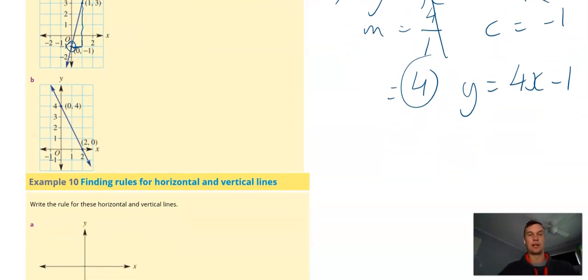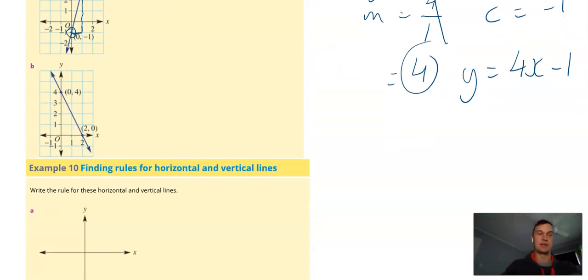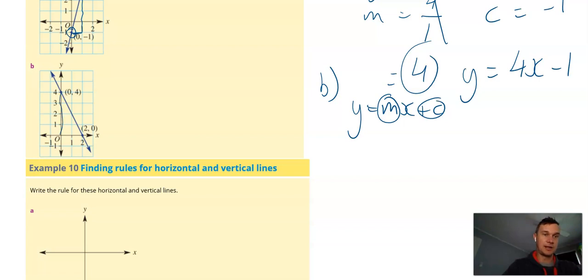So just by following that simple rule, as long as you understand the gradient, etc. We'll do a negative example now for b. Again, y equals mx plus c, and we're going to find these two values. For our gradient, I can see that the line goes down, so the rise is negative, so m equals negative 4 over 2.